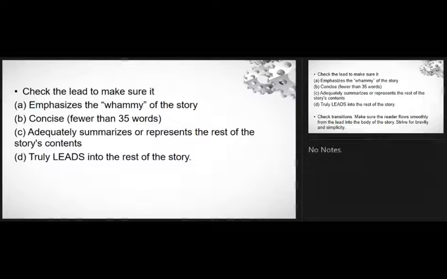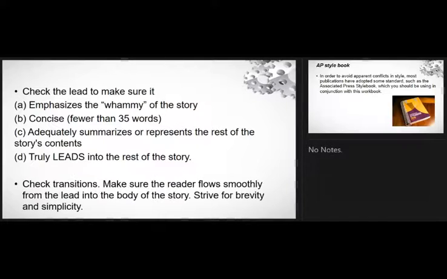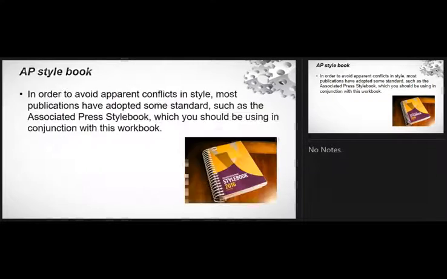It should summarize and represent the rest of the story contents and truly lead into the rest of the story, just like our professors said before. Transition is one of the very important things. You have to make sure it flows smoothly, from the lead into the story, in the body of the story, from one paragraph to another, all of it. Be straightforward, with brevity and simplicity.